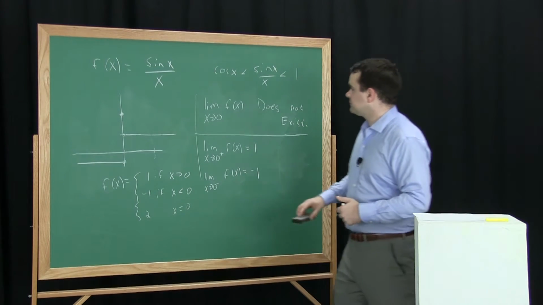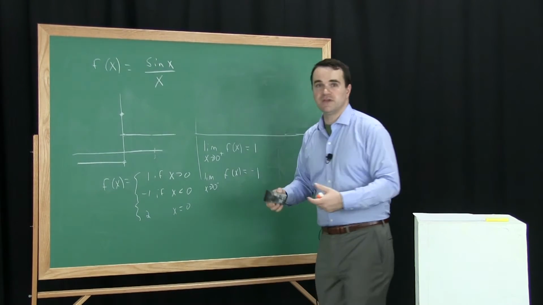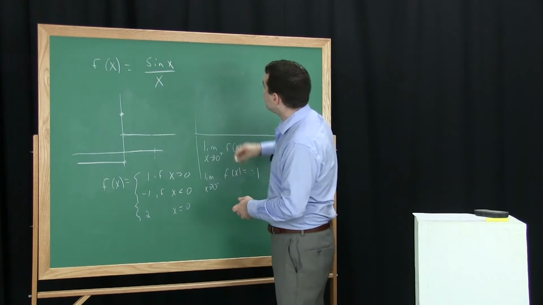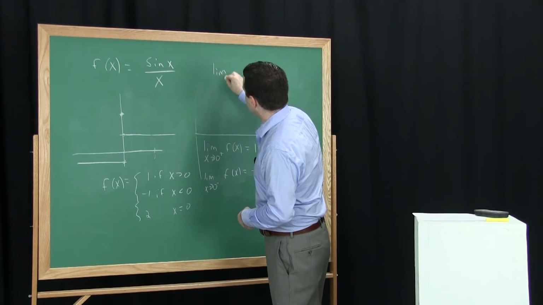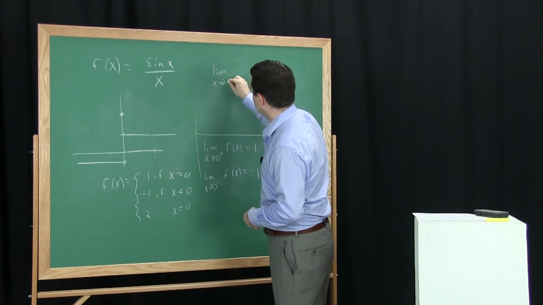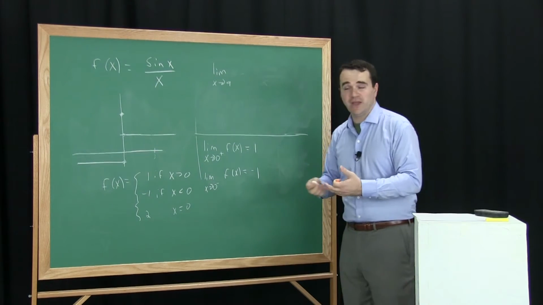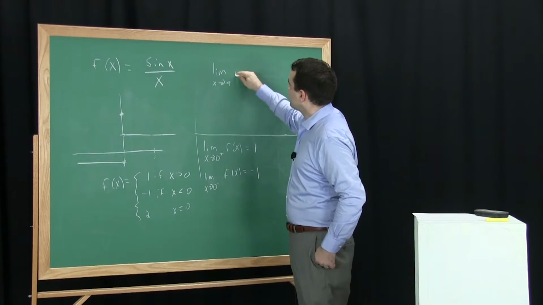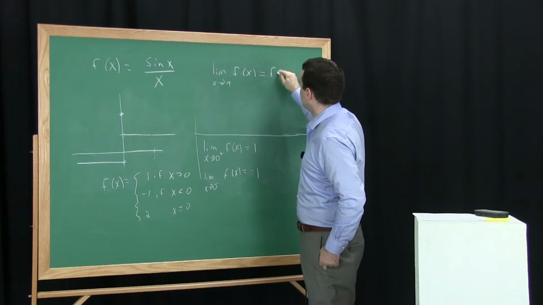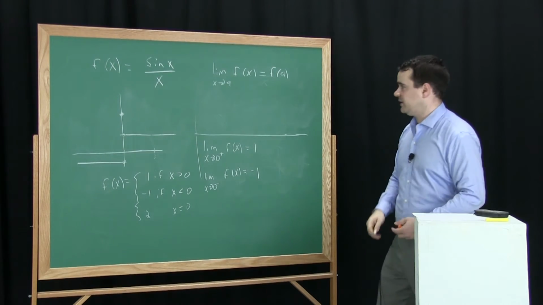And there's another definition that we use to account for this. So if it's true that the limit as x goes to a point a, in this case I'm thinking about 0, but it could be any point a, if it's true that that limit of f of x is actually equal to the value of the function, that has a special name.